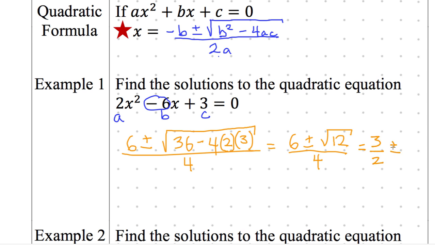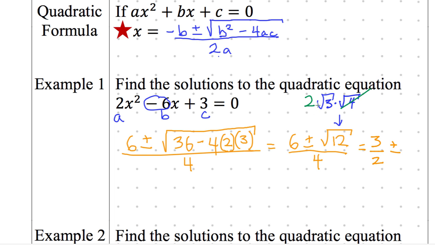And then square root of 12 actually does reduce a little bit, because square root of 12 is square root of 3 times the square root of 4. One of these is a perfect square. Yeah, the square root of 4. So the square root of 4 turns into a 2, which is now 2 square root of 3.